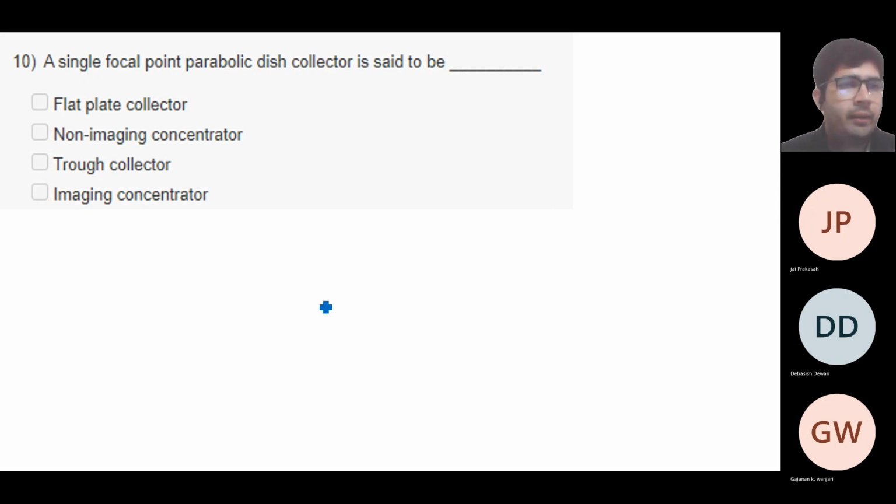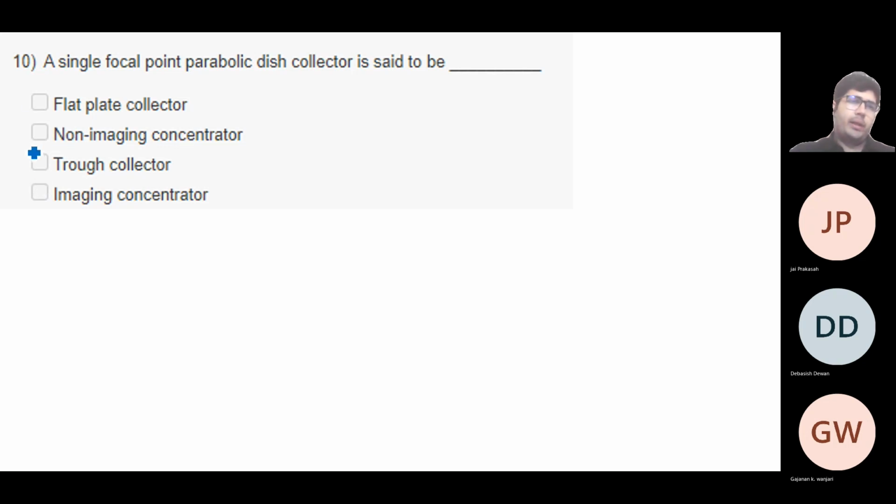And they are all concentrating at this particular point only. Number 10: a single focal point parabolic disc collector is said to be... a flat plate collector? No, in a flat plate collector there is no single focal point, so we can directly eliminate it.